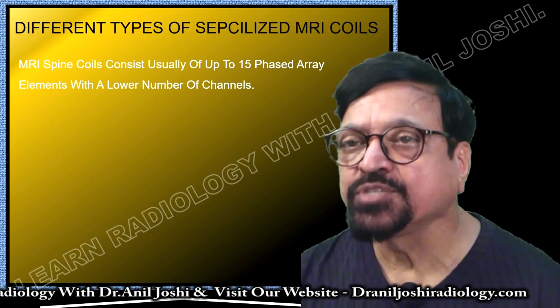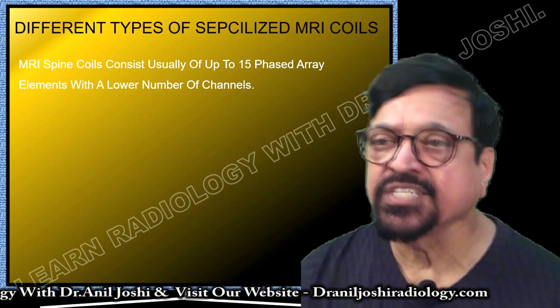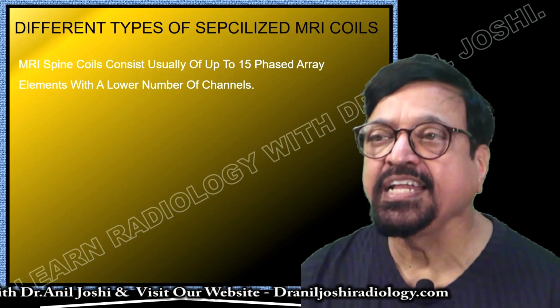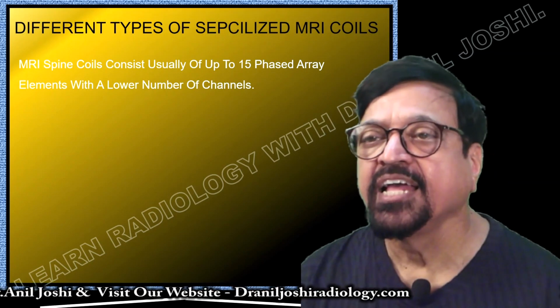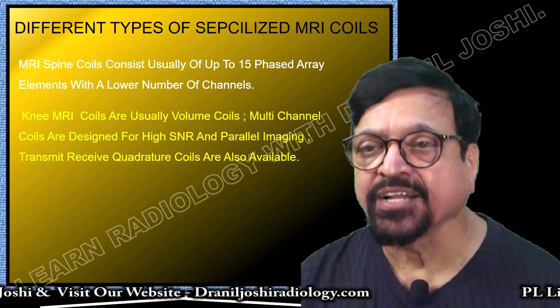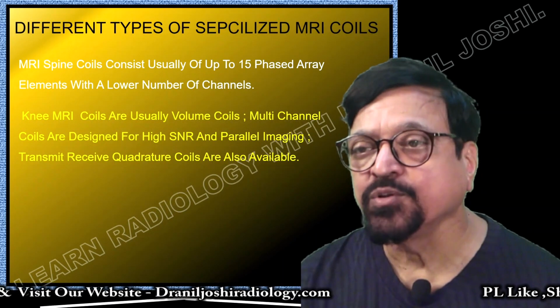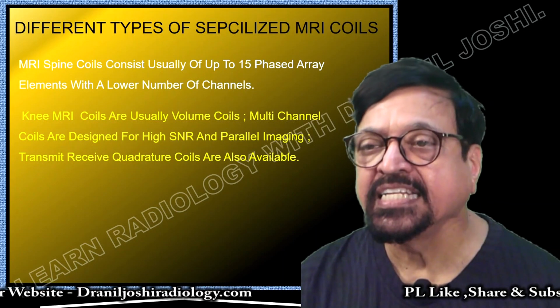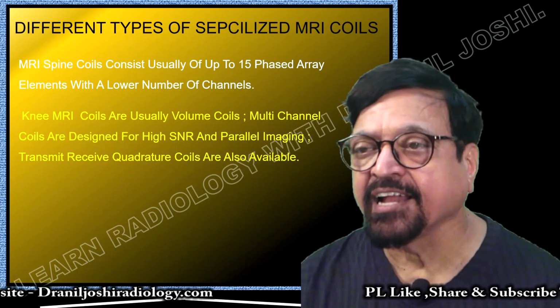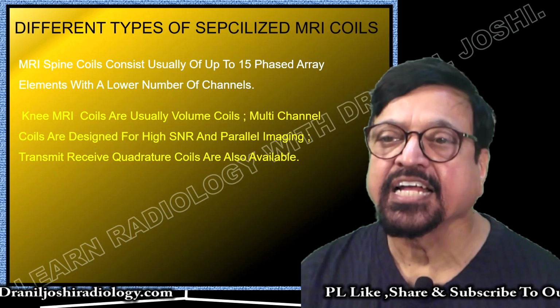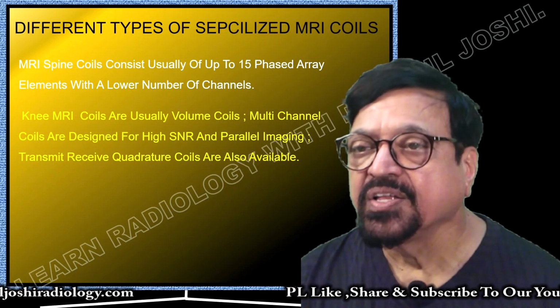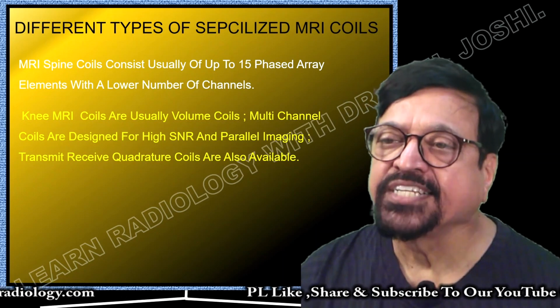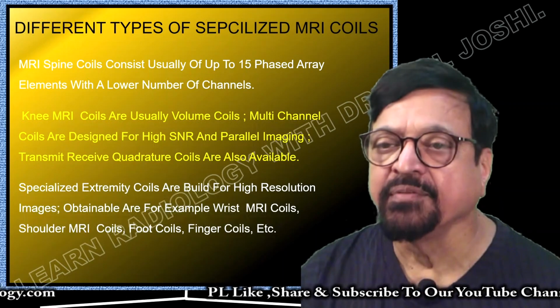Continuing on different types, MRI spine coils usually consist of a phased array with a lower number of channels. Knee MRI coils are usually volume coils. Multi-channel coils are designed for high SNR and parallel imaging. Transmit receive quadrature coils are also available.